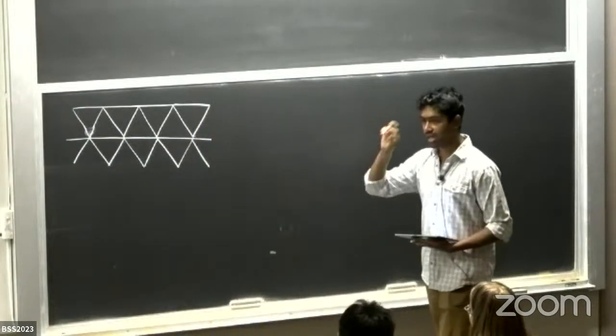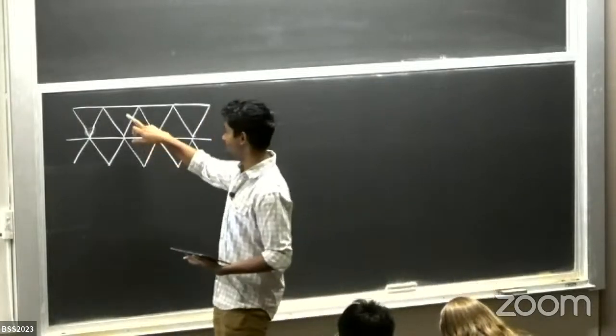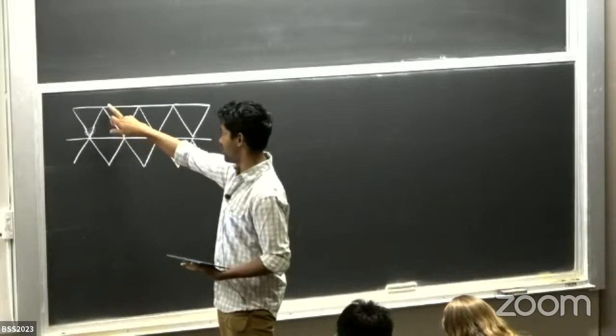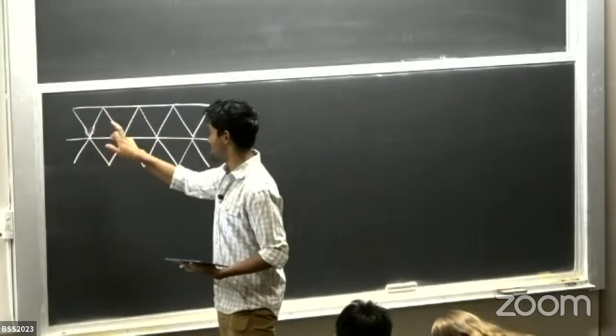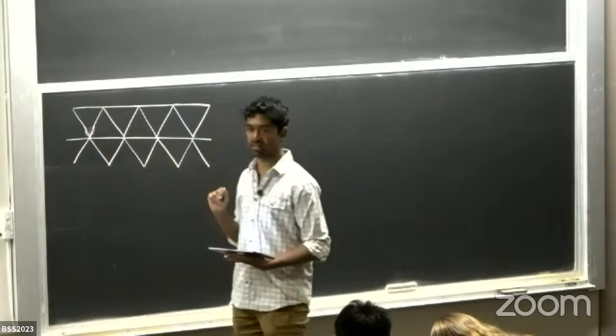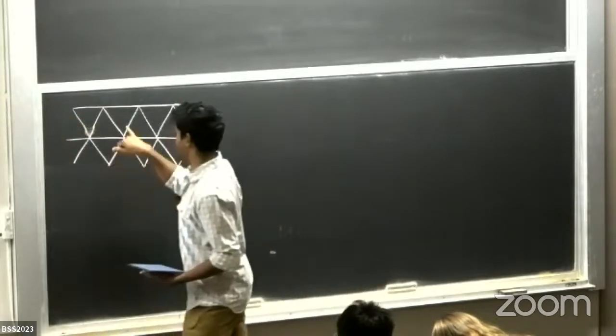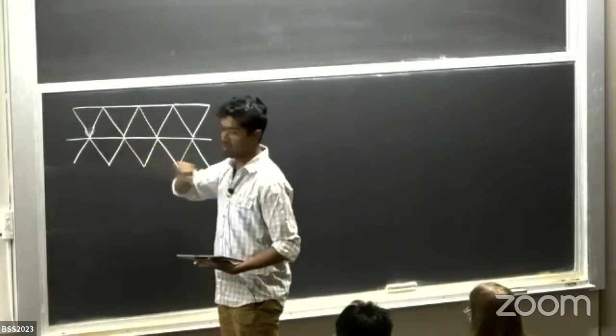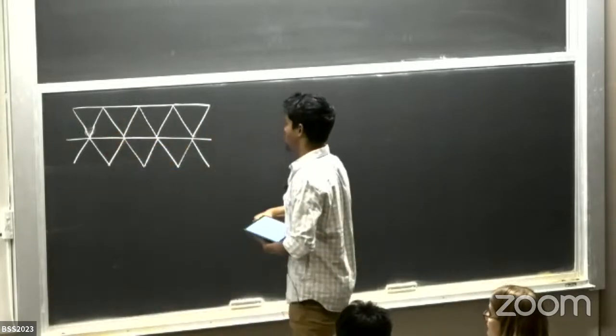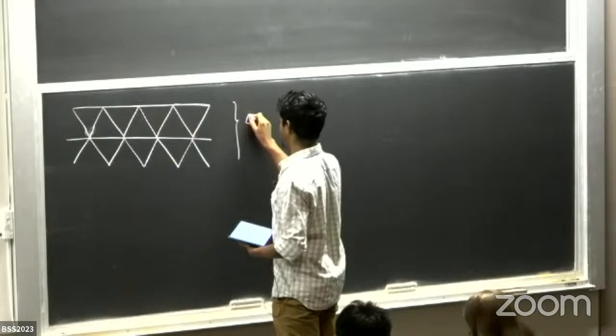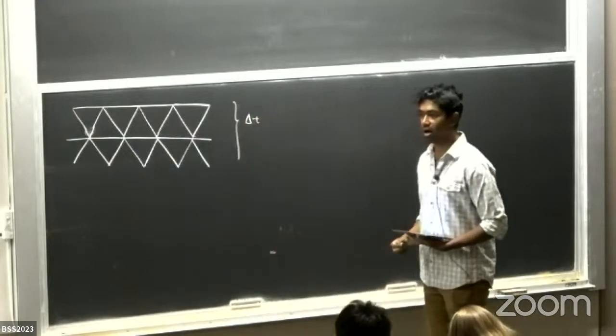So remember that each time step of the brickwork circuit involves a unitary on even and odd bonds, and then odd and even sites, right? So you can imagine that every unitary in the circuit kind of used to live on the center of every downward facing triangle. So this is like one time step in the brickwork circuit. This is some delta t, right?